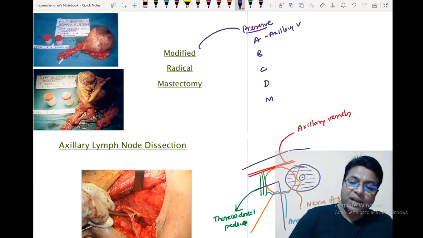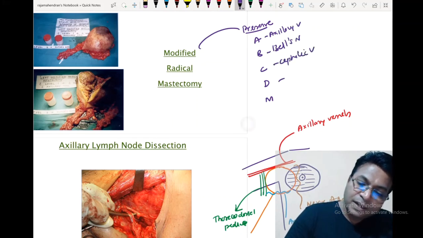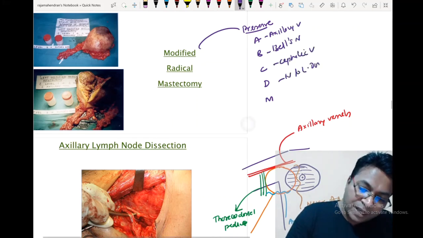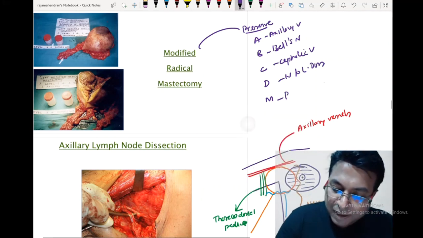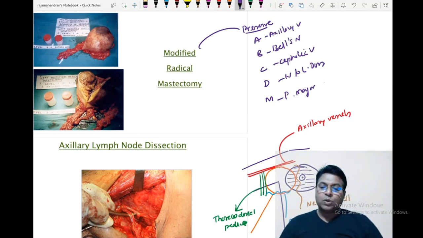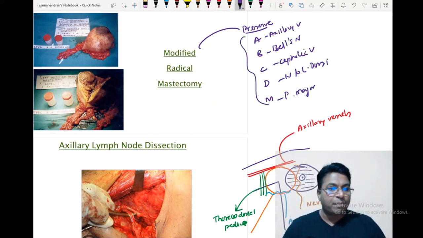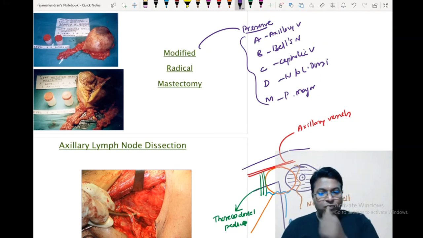Bell's nerve, cephalic vein, nerve to latissimus dorsi and pectoralis major muscle are the structures preserved in MRM. So please don't forget this.